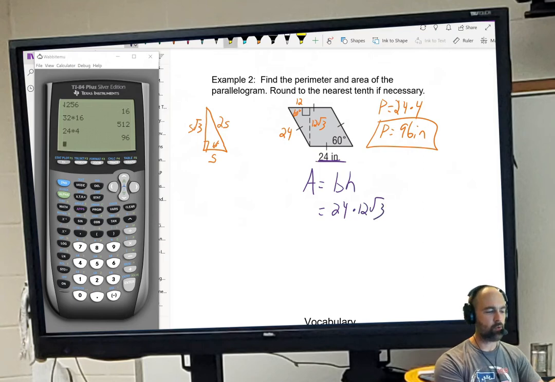Now, since the directions tell me to round to the nearest tenth if necessary, I can go in here and just type in the calculator 24 times 12 square root of 3. And my area is 498.8 inches squared.